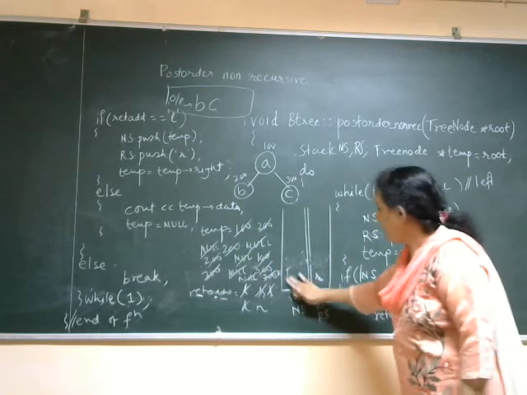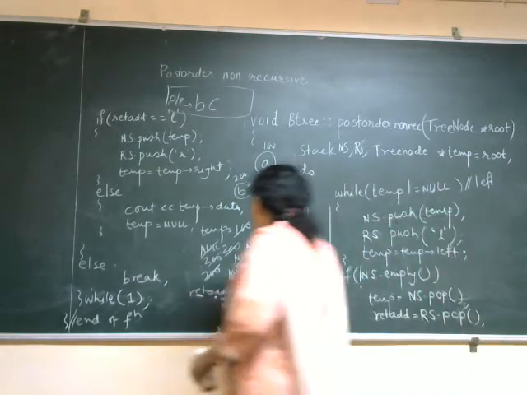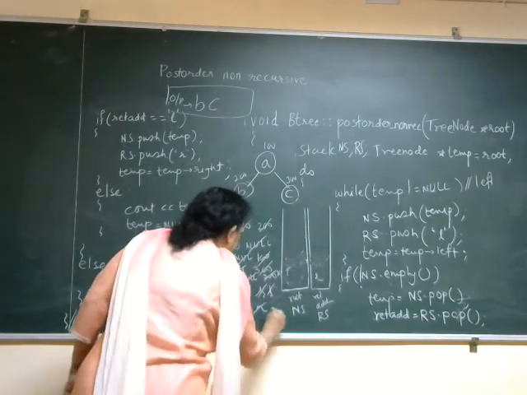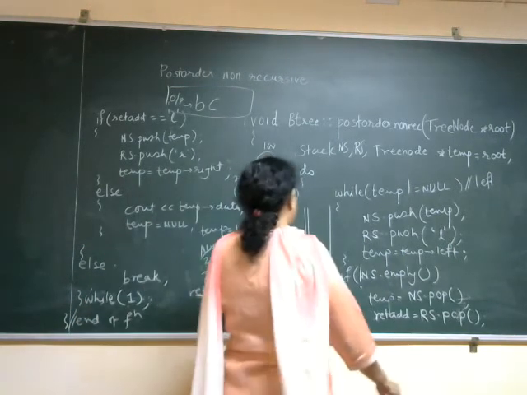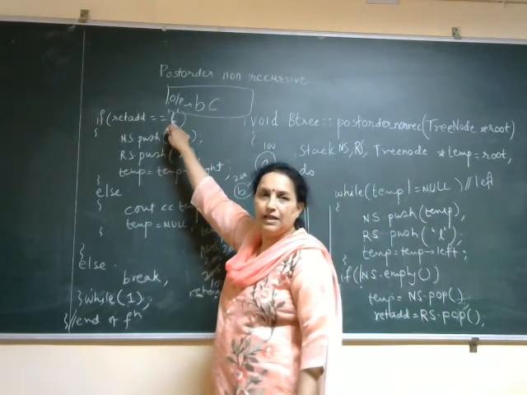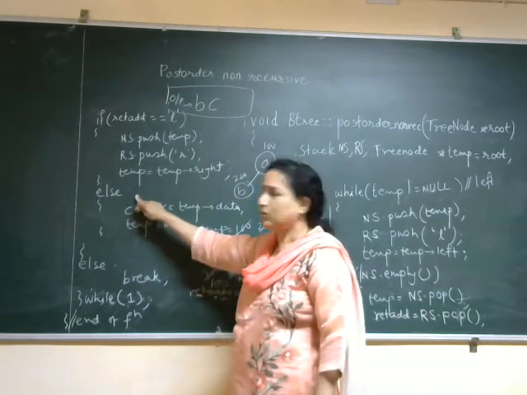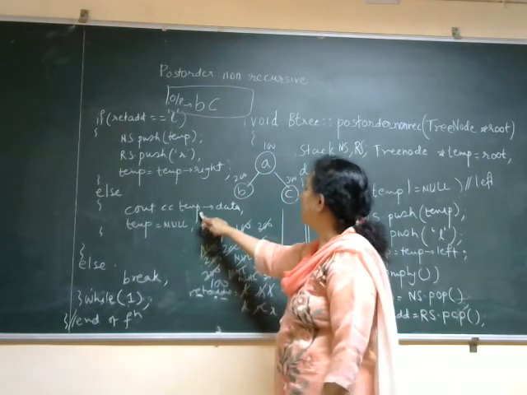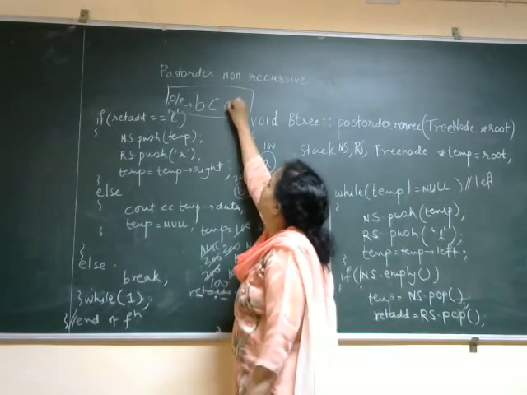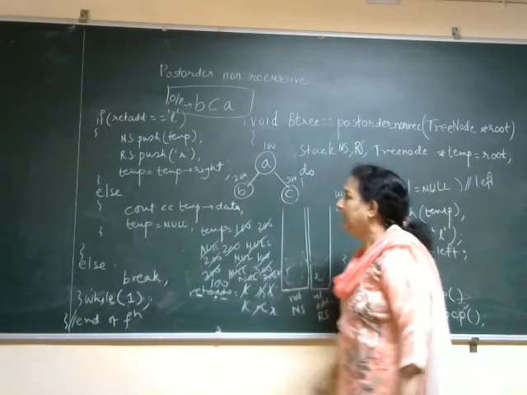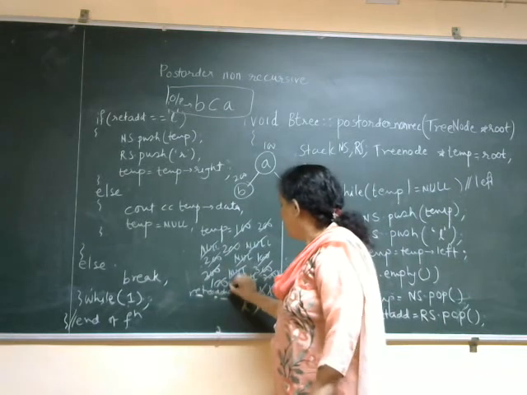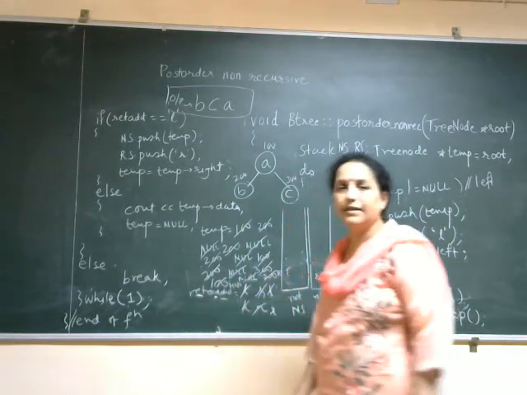No. I have 100, so I will pop value 100 from the stack and the return address is R. Now I will come to this. Is the return address L? No, the return address is R. So I display that value. What is the temp value? 100. So I will display A from this, and now temp will be none.